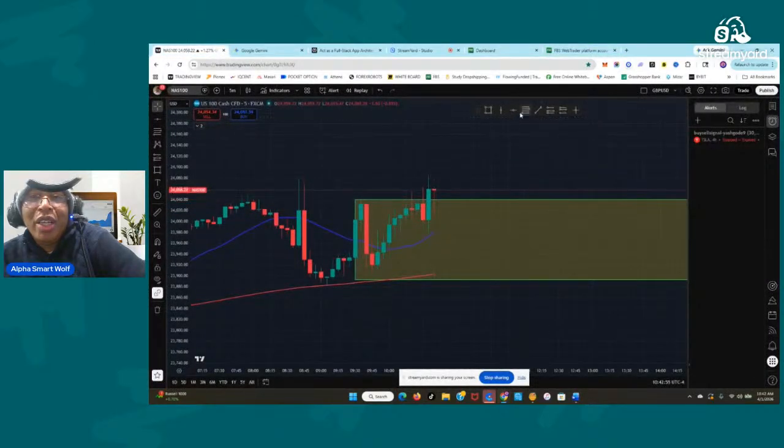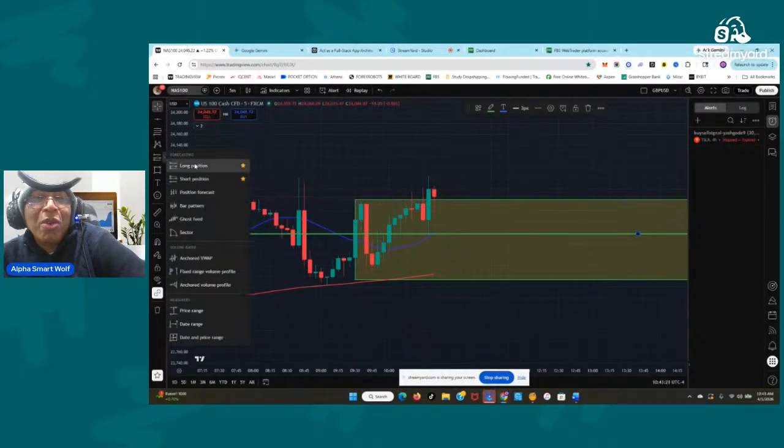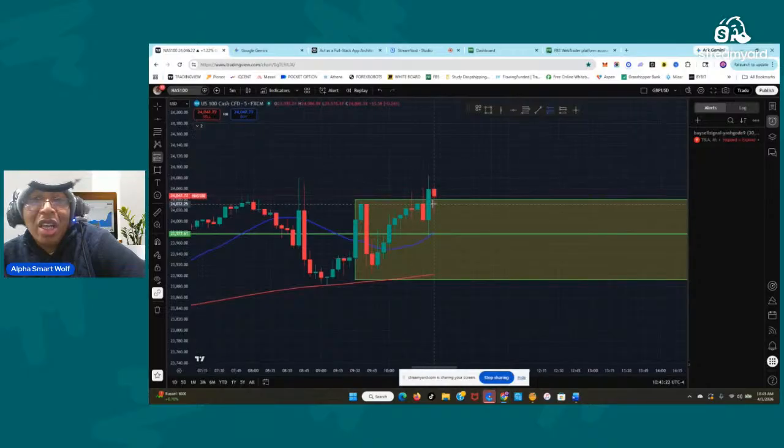So we entered here on this one, using the FCC, the color change thing. That's where our stop loss is. Entry was as soon as we engulfed this. So literally what we did is this.